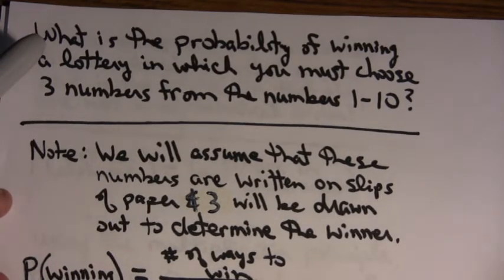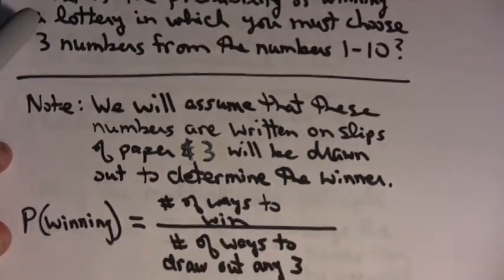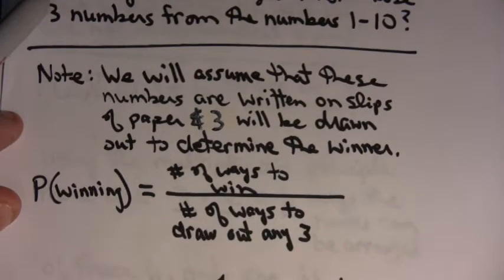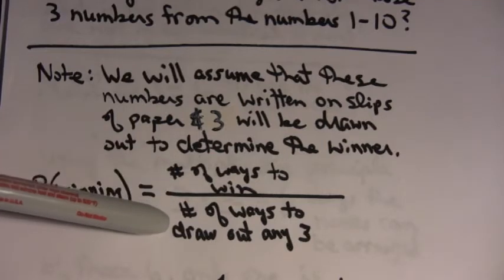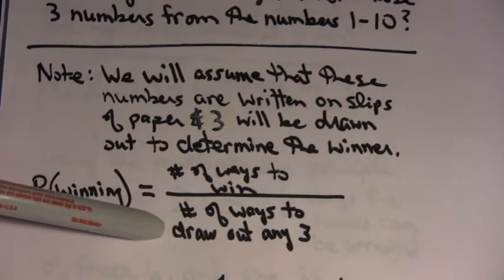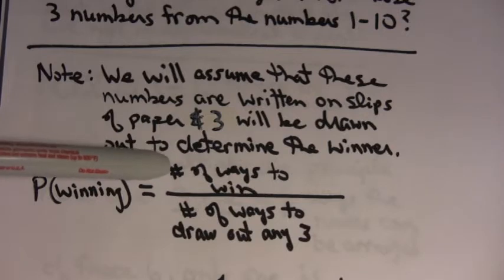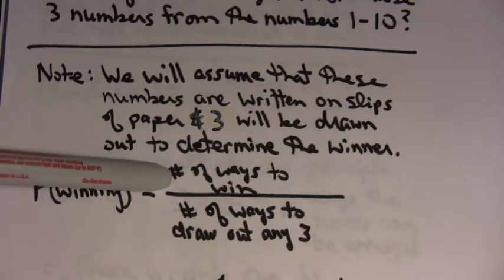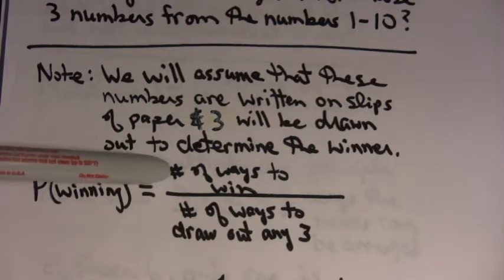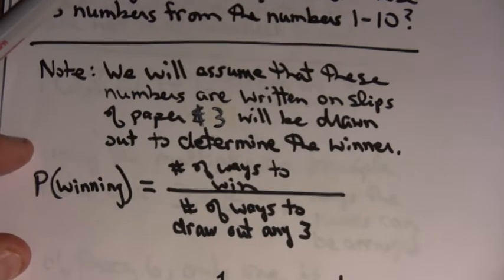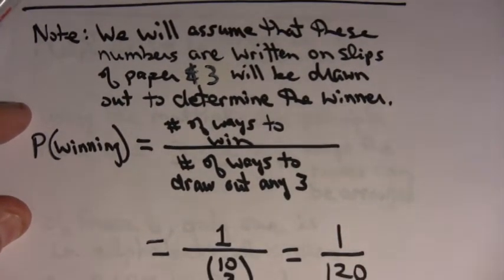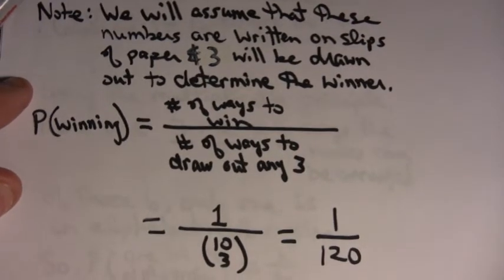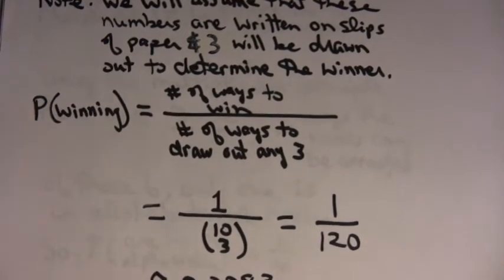If you draw out the right three numbers, you win, so there's really only one way to win. But there are lots of ways that you could draw out three numbers. The order doesn't matter, so it's a combination.